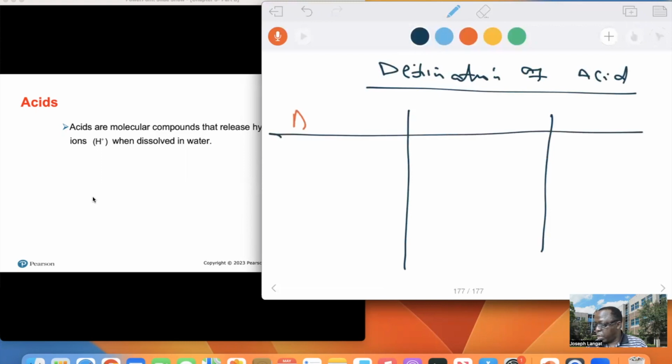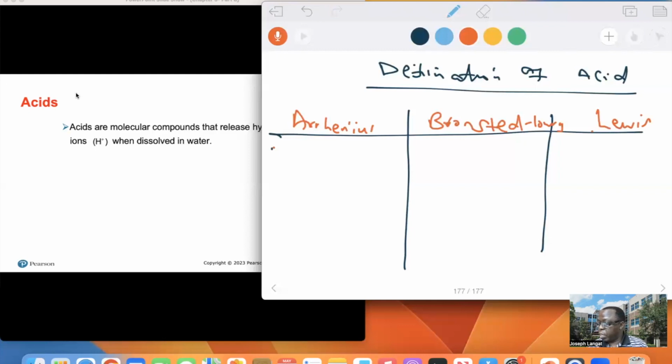There is Arrhenius, there is Bronsted-Lowry, and then there is the Lewis definition. You have to know the definition of an acid according to Arrhenius.